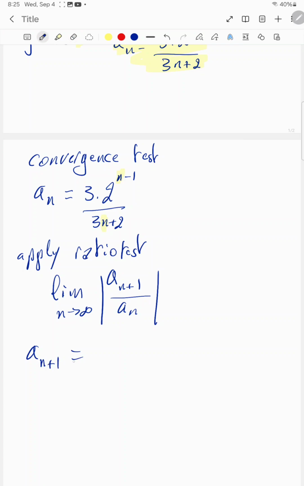An plus 1 is equal to 3 times 2 to the power n plus 1 minus 1, because I replaced the n by n plus 1, divided by 3 times n plus 1, plus 2.